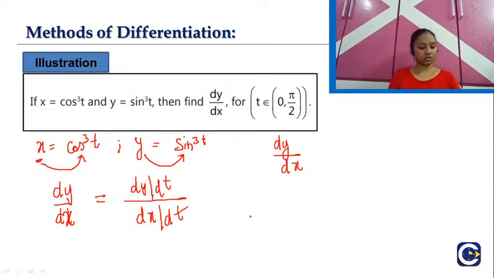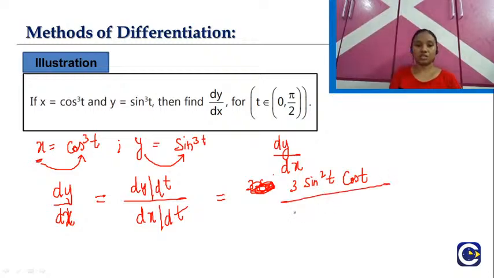Okay. So I'll just quickly write the solution here for you. So what is dy by dt? That is nothing but 3 sine square t, and for sin x also we have to do the differentiation. So sin x differentiation is nothing but cos x. So it will be cos t. Same here. So 3 cos cube t, and for cos x it will be minus sin t.